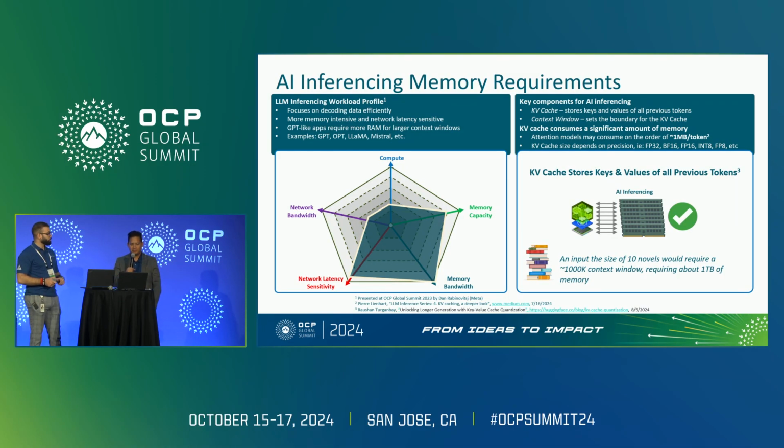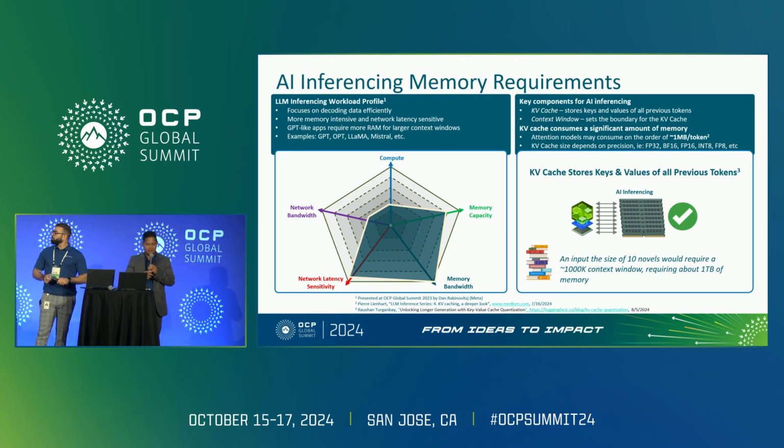GPT-like applications including OPT, Open Pre-trained Transformer, Llama, Mistral, etc. And as you look at this chart on the bottom left, from last year's OCP by Dan Rubinovitz, you can see that AI inferencing is very memory capacity and bandwidth constrained, as well as very latency sensitive.